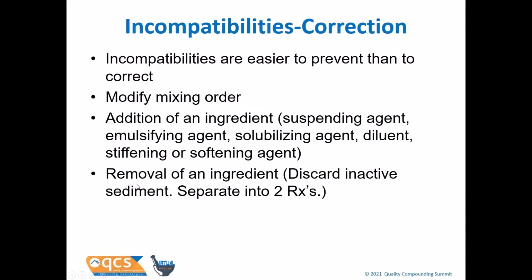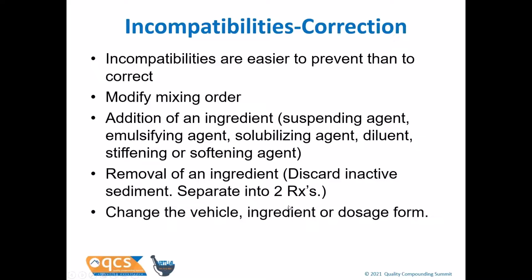In some cases, you need to remove an ingredient. You can separate it into two prescriptions. Obviously, in a situation like this, it's going to be best to explain to the physician, because otherwise, when the patient goes back and they say, well, you know, those two prescriptions you gave me last time I was here, he says, I didn't give you two, I only gave you one.